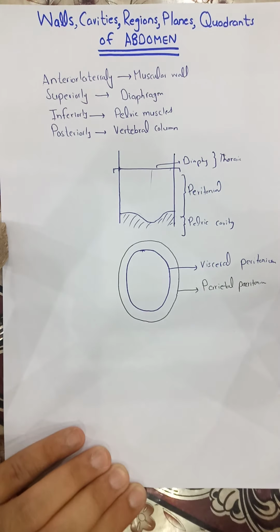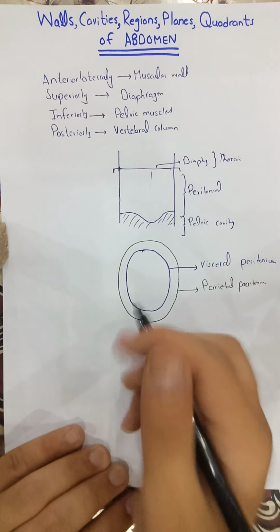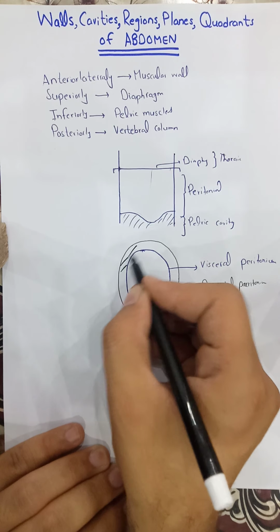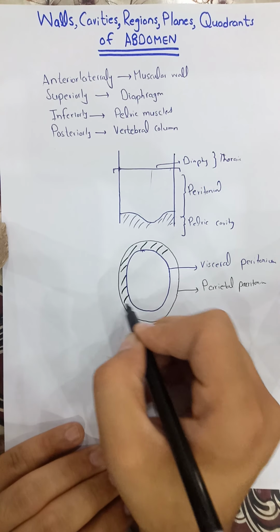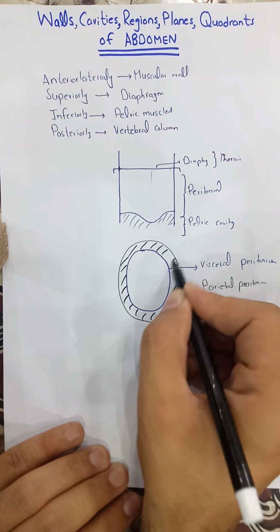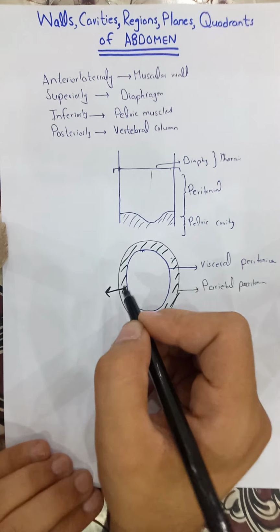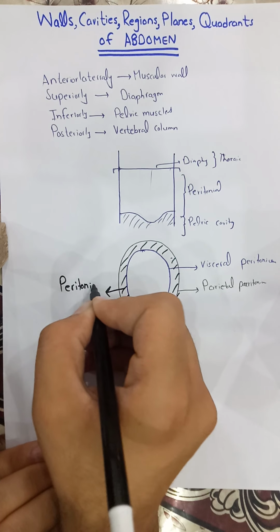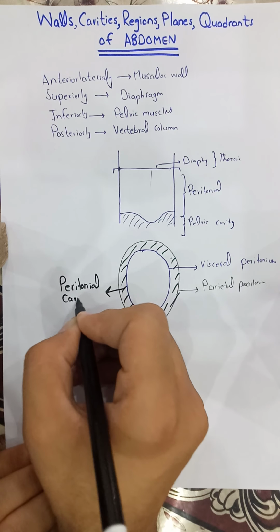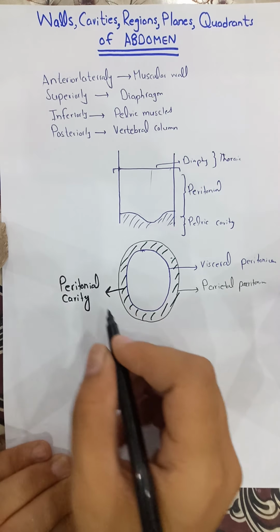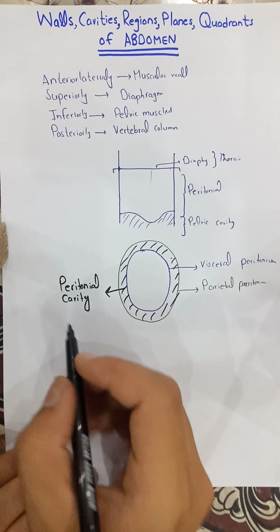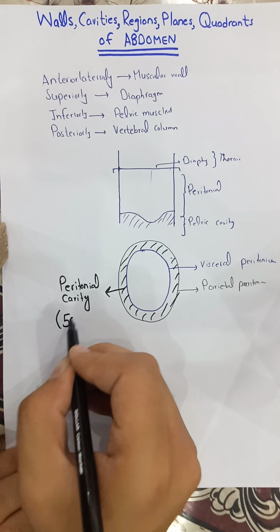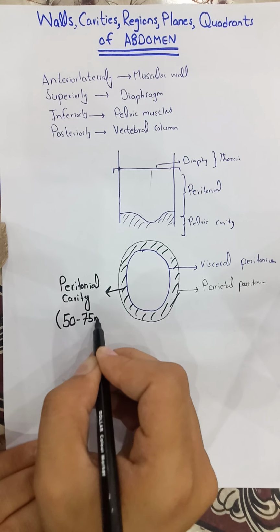Between these two layers, the area which will be present will be named the peritoneal cavity. This whole area will be termed the peritoneal cavity. It will contain the peritoneal fluid which provides protection, and the amount of that peritoneal fluid is usually 50 to 75 ml.